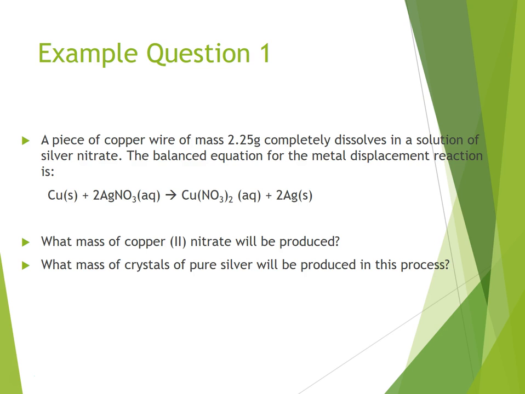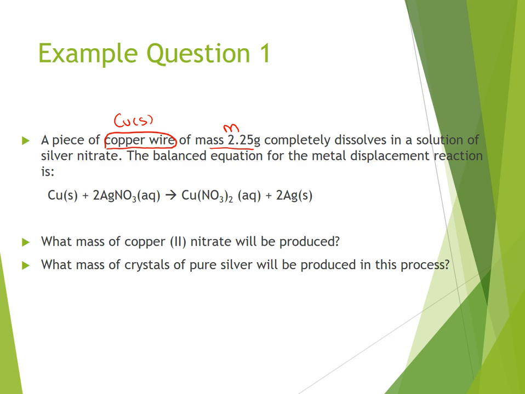So we've got a question here, and it says that a piece of copper wire has a mass of 2.25 grams. There's a couple of things that I'm going to realise with this. One being that copper wire, I should be starting to think Cu solid. This one's going to give us the equation, but these are things to help you think about it as you go along. I've got a mass of 2.25 grams, so that's going to be an m in my equation, and we're told it completely dissolves in a solution of silver nitrate.